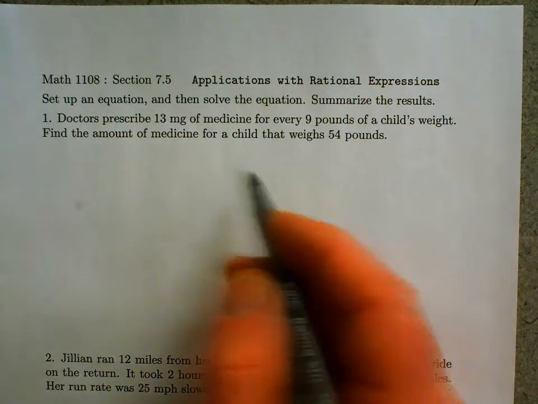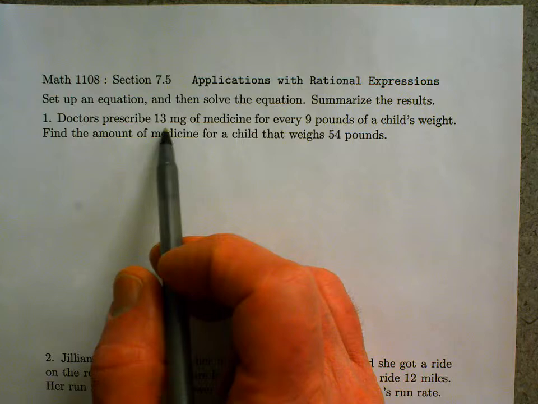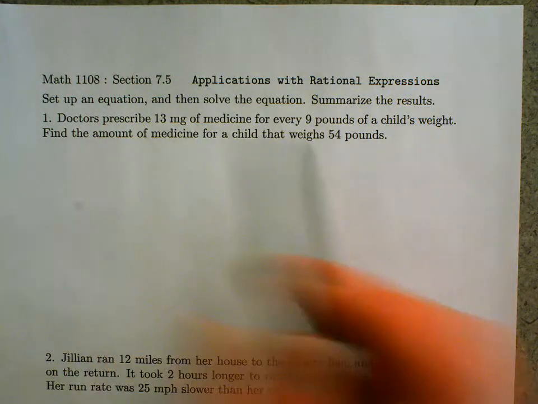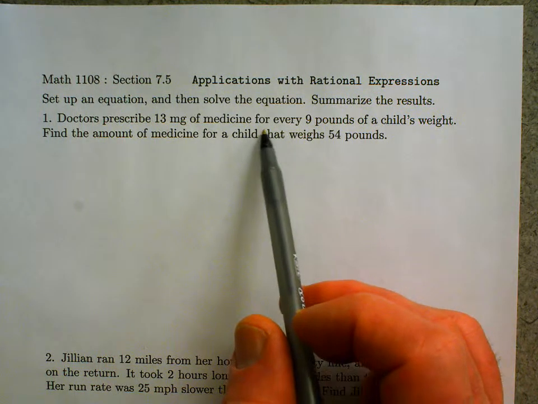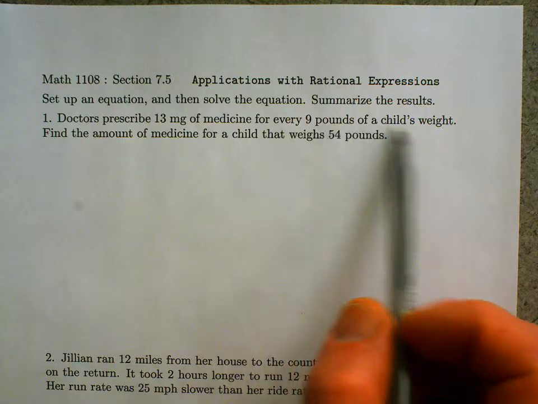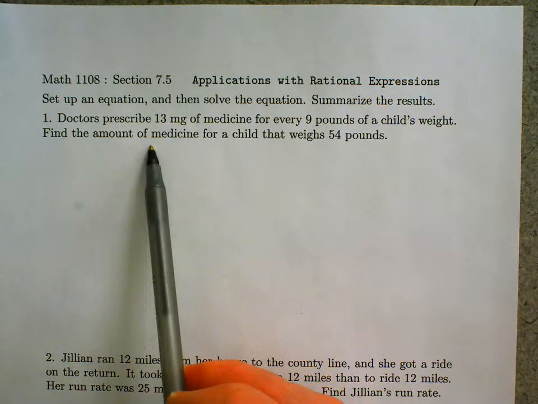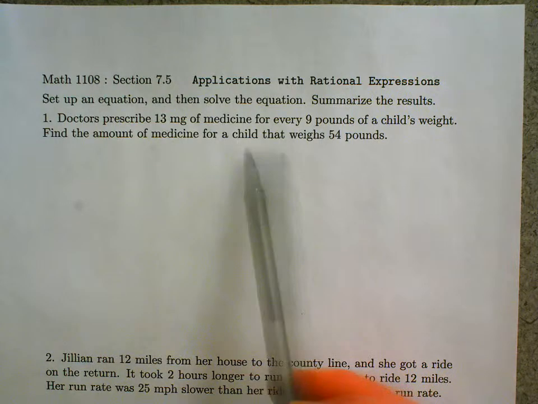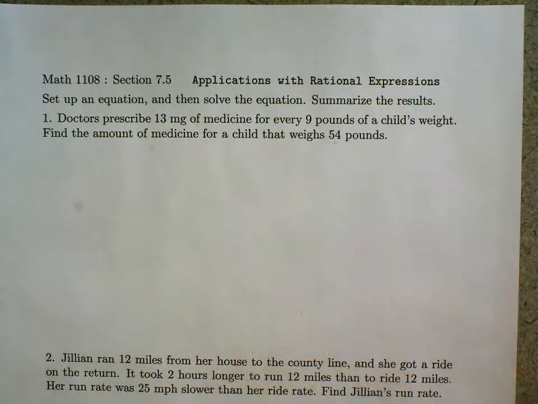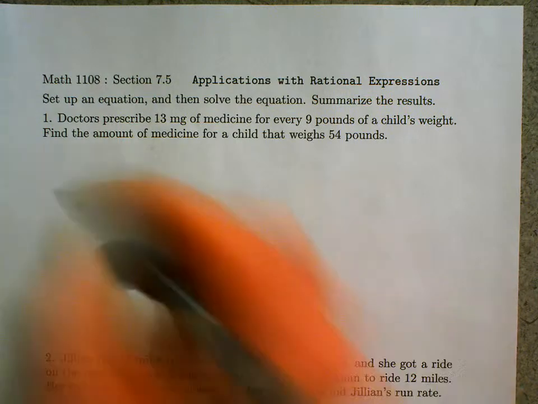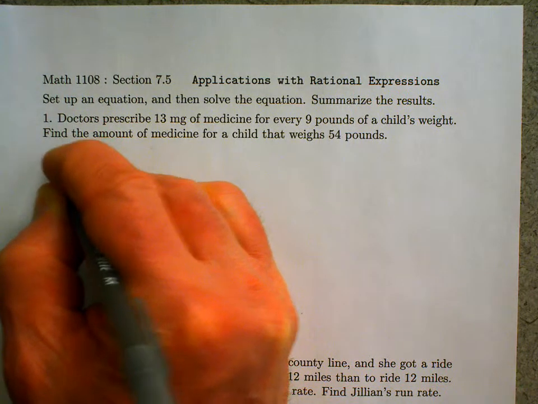A proportion is an equation with two ratios. So we could say 13 milligrams of medicine is to 9 pounds of a child's weight, as a certain amount of medicine is to a child that weighs 54 pounds. Let's assign a variable for what we want to find.